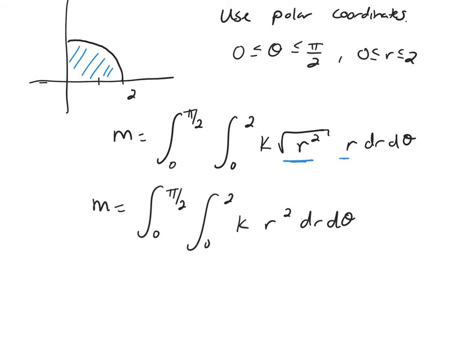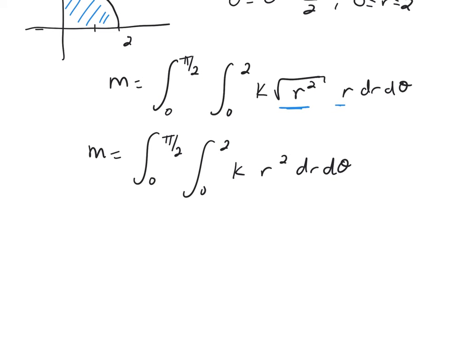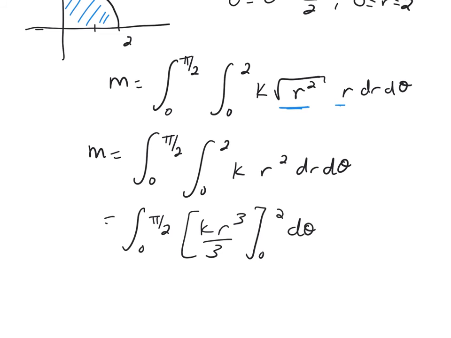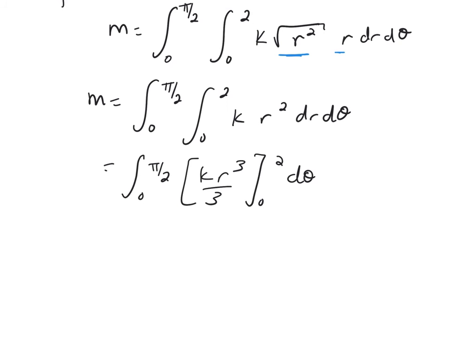d theta. So go ahead and integrate, do the first integral: k r cubed over 3 from 0 to 2. So that'll be 8k over 3, which is all constant, so I can pull that out.